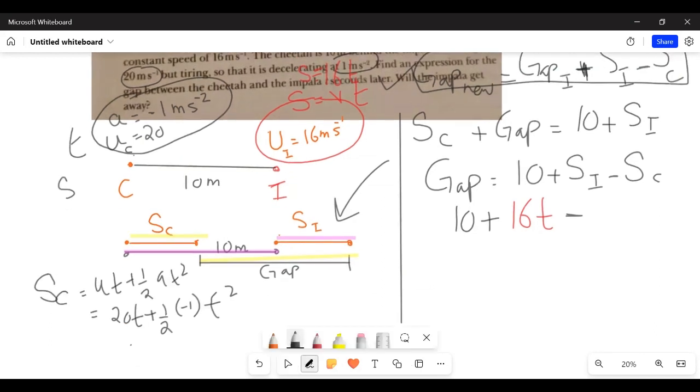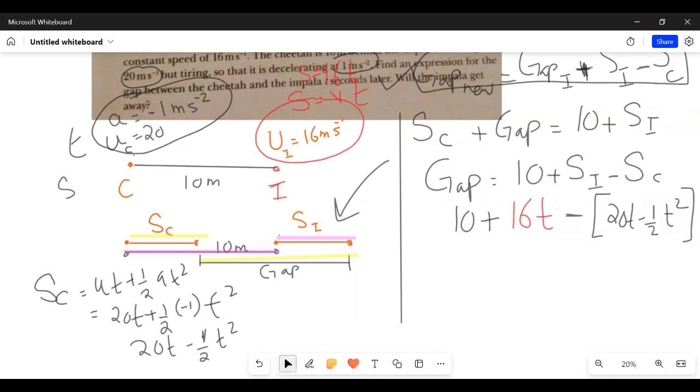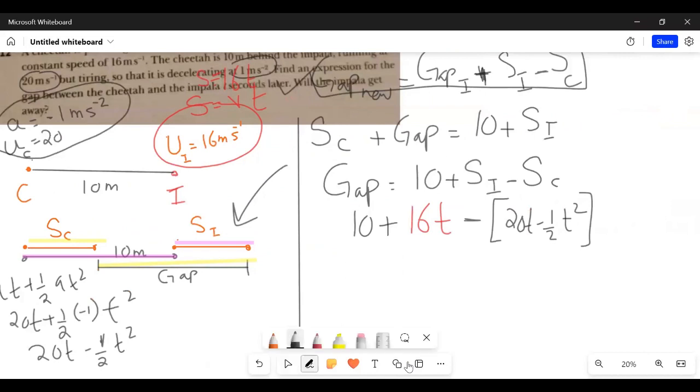So 20t minus half t square. This is the distance covered by the cheetah. So minus bracket 20t minus half t square. Okay. Equals the gap.